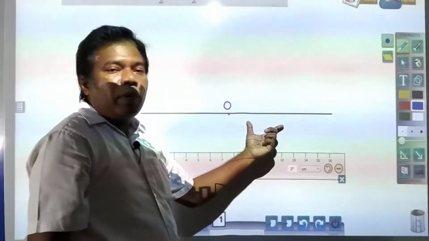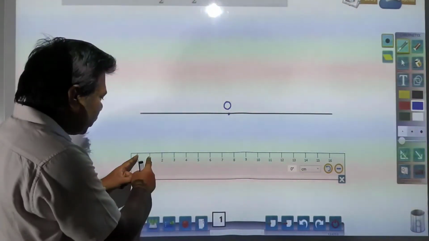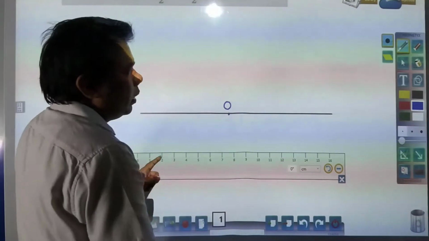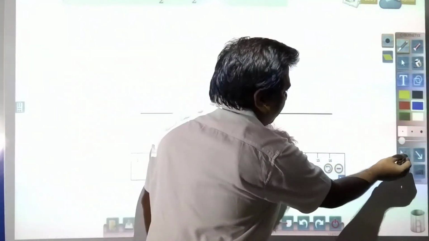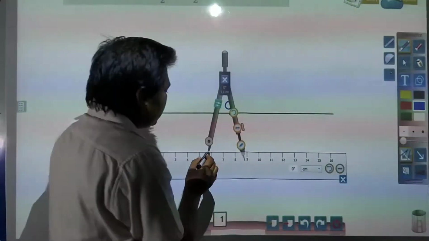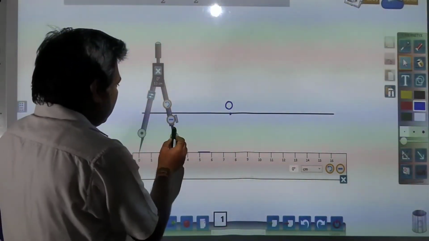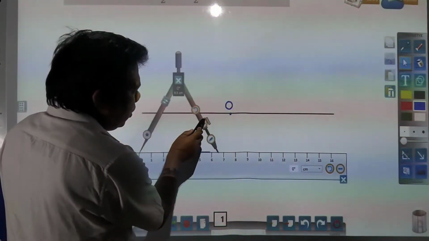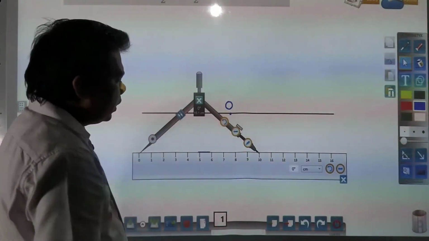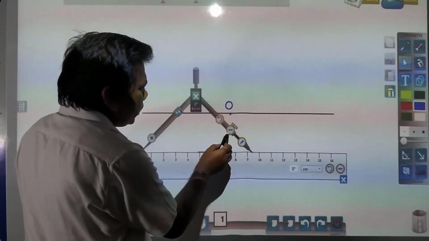One unit length we need to take. That could be, as I have said, 1 centimeter, 2 centimeter, 3 centimeter or any length. So suppose with the help of a compass, you take 10 centimeter like this, or 8 centimeter, whatever you wish you can take.